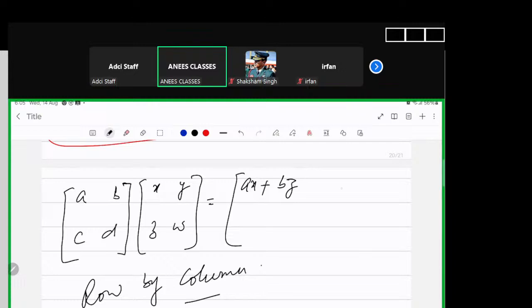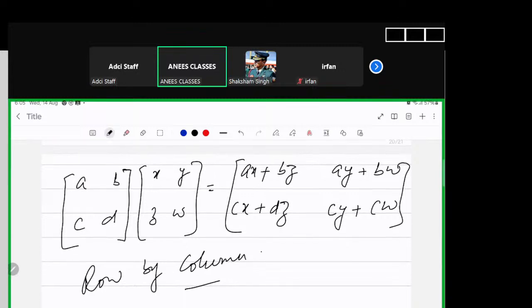Then first row, second column, AY plus BW. Now for second row, first column, CX plus DZ. Now second row, second column, CY plus DW. Right? Understood, Saksham? Yes, sir.